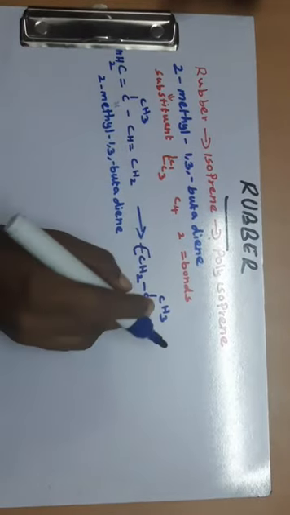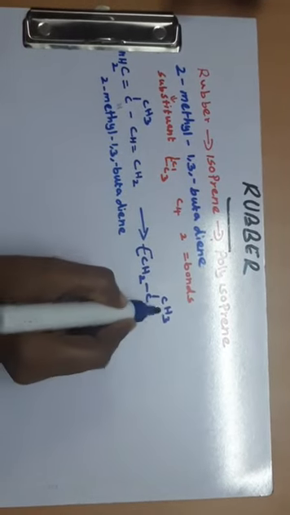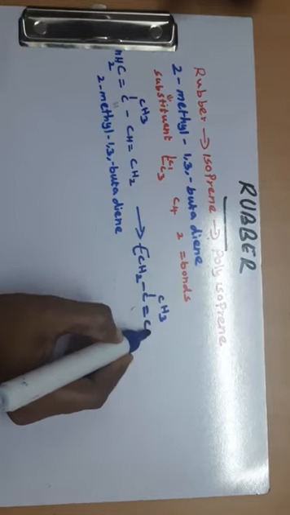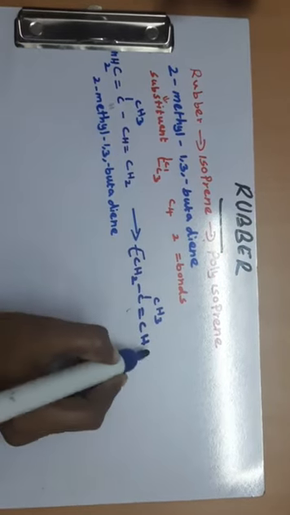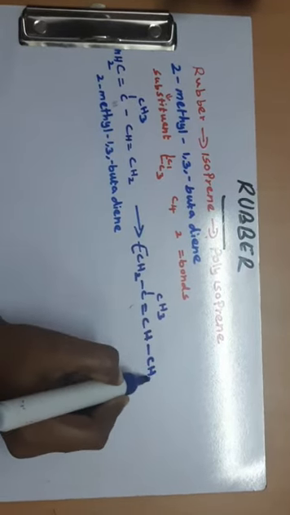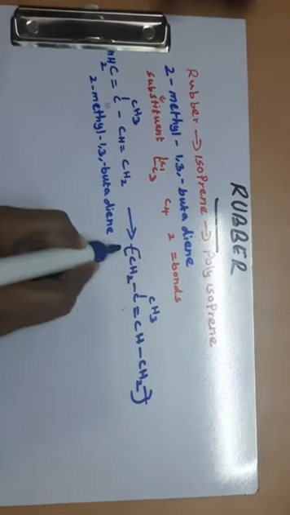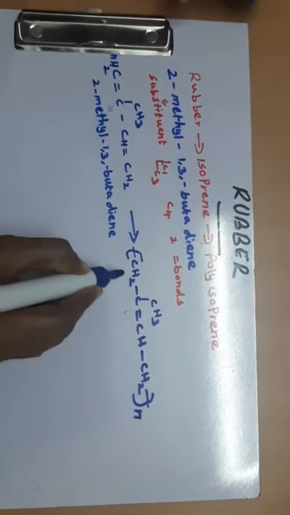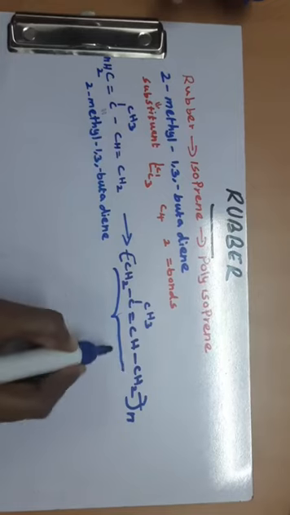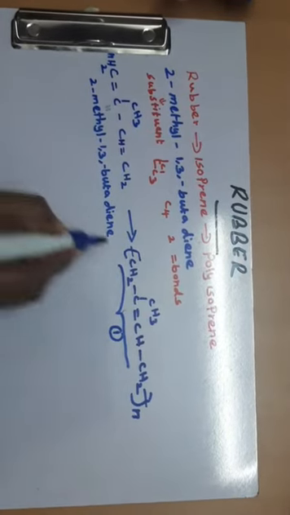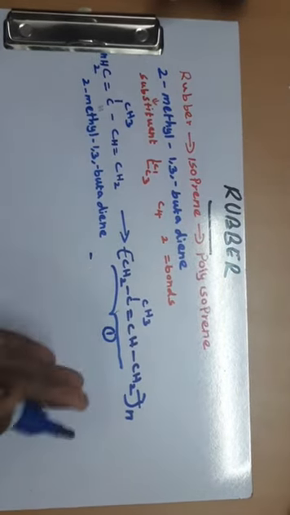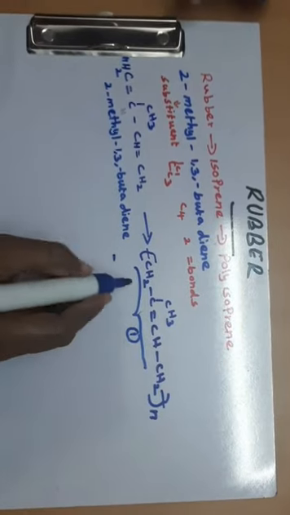A single bond is present, double bond CH, double bond is present, single bond CH2. Okay, this entity is one unit. Another unit repeatedly undergoes polymerization reactions.